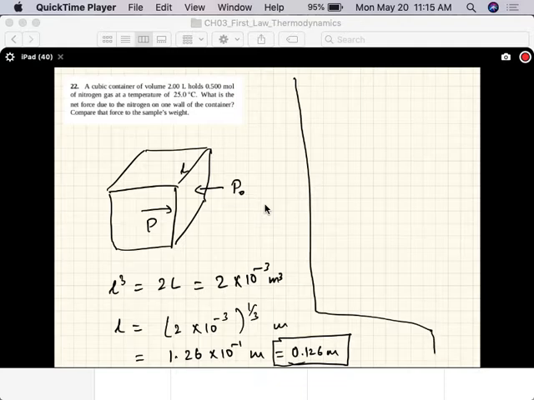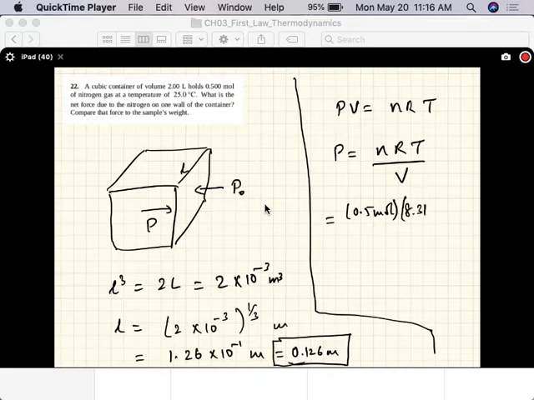Okay, so we have to find the pressure inside the container. Okay. So again, we will lean on nRT. They have given us n. They've given us the number of moles, so we'll use this form of the ideal gas law. The pressure is nRT divided by V. n is 0.5 moles.